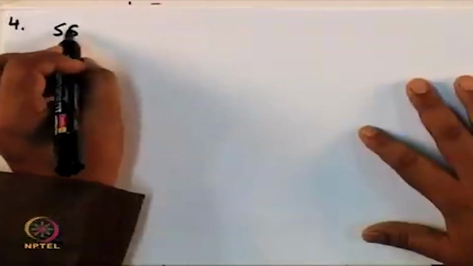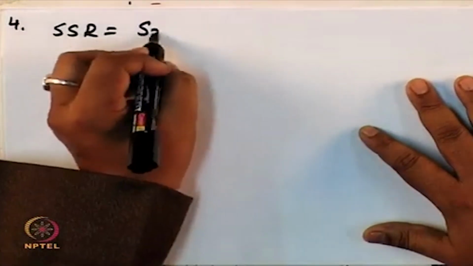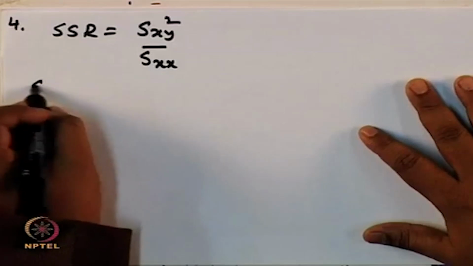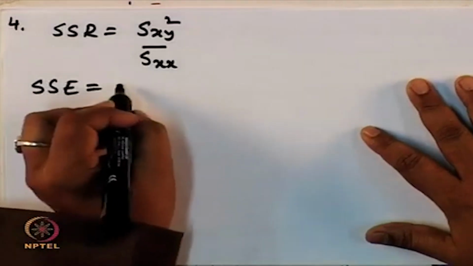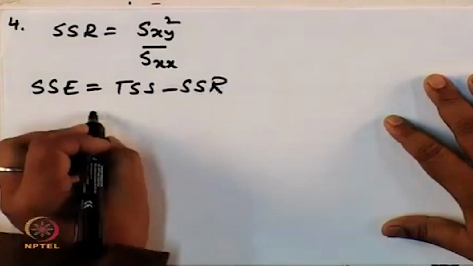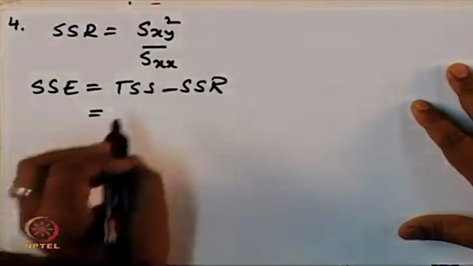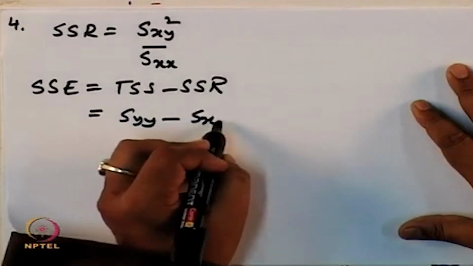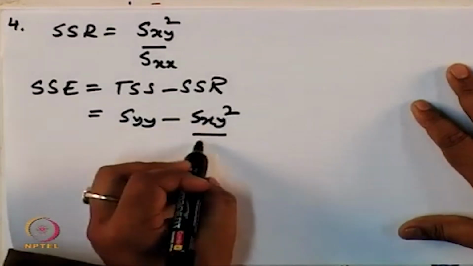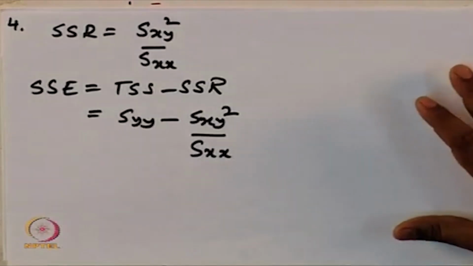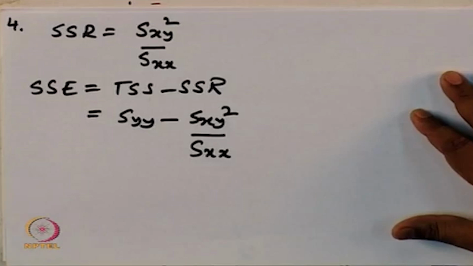So, finally, you can write SSR as Sxy square by Sxx, and your SSE is TSS minus SSR, given by Syy minus Sxy square by Sxx.